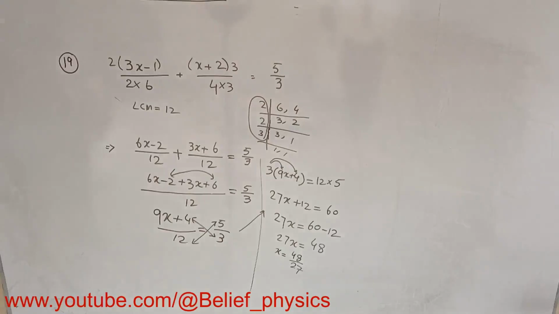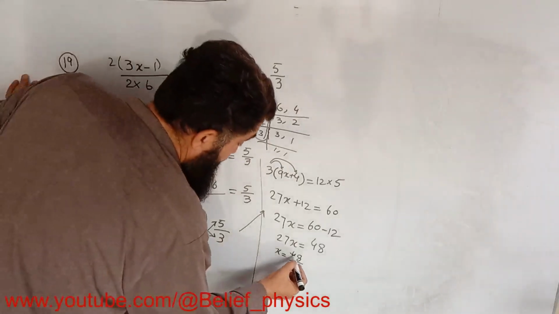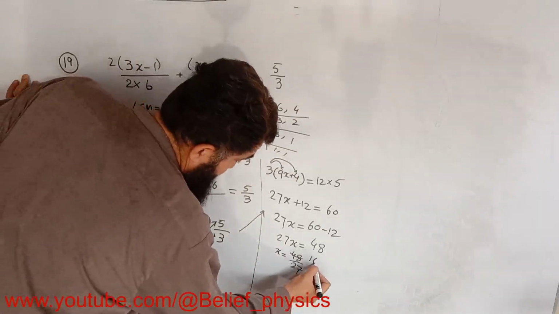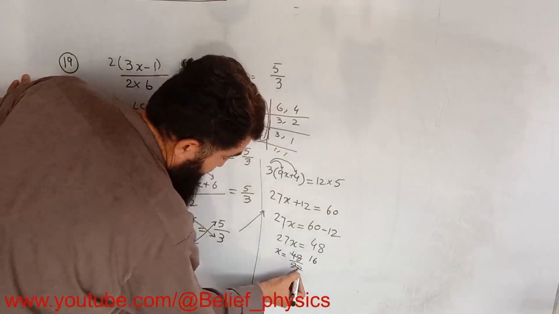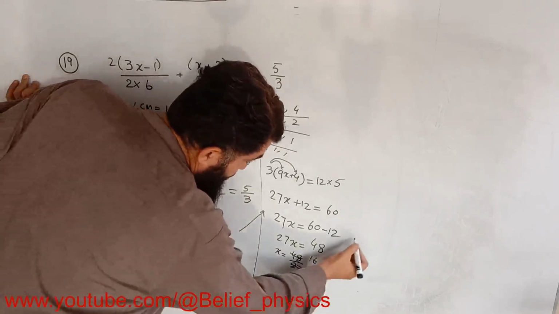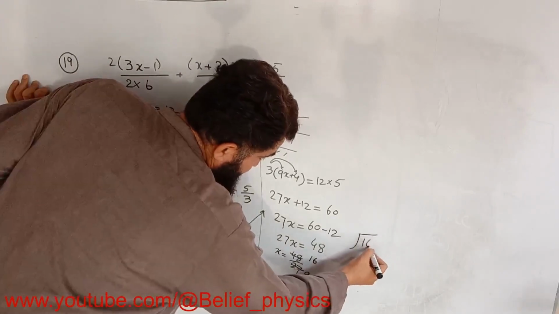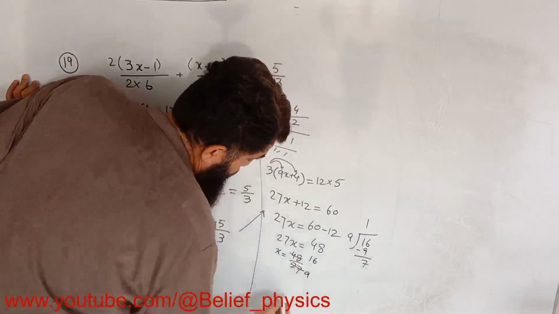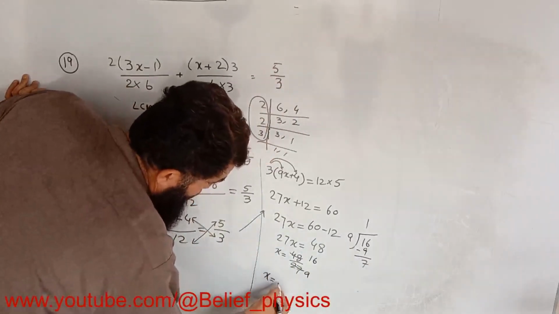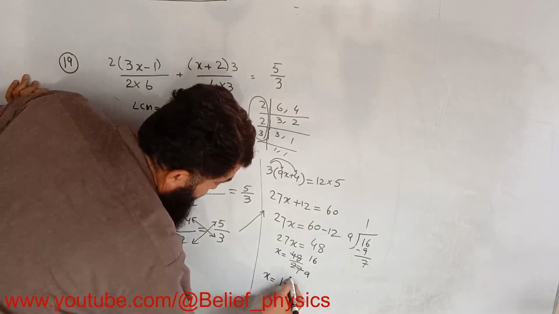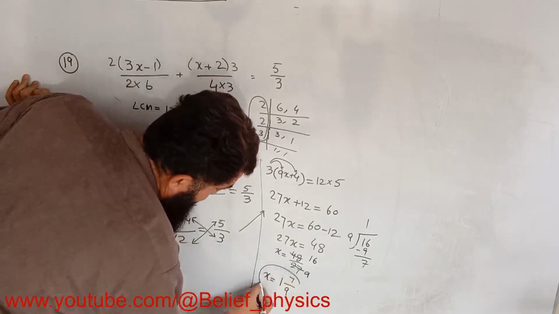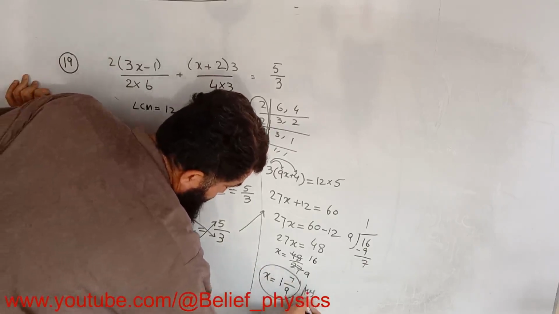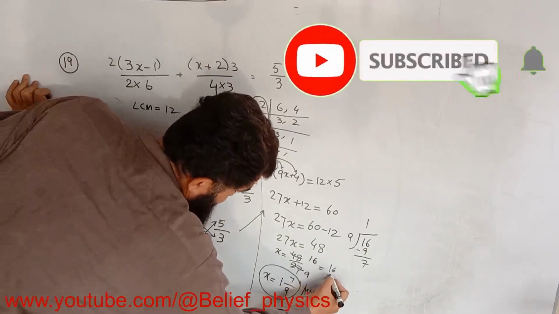Dividing numerator and denominator by 3, 3 sixteens are 48 and 3 nines are 27, so this is 16 over 9.